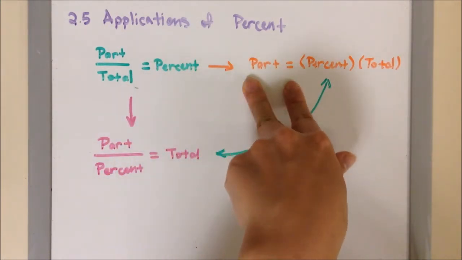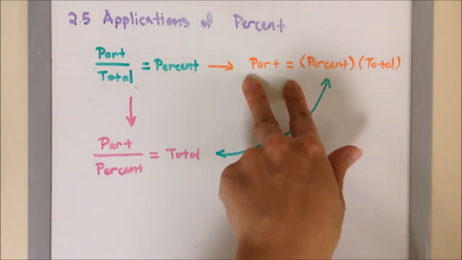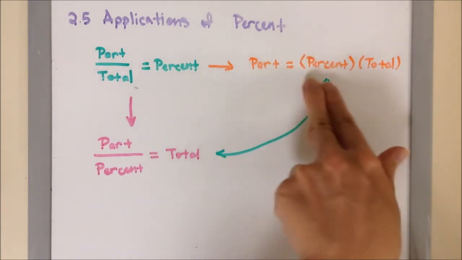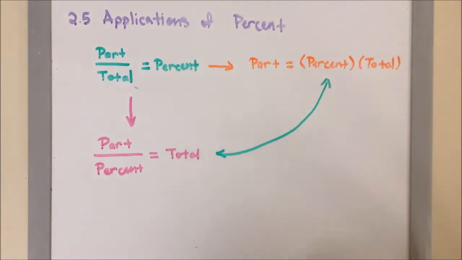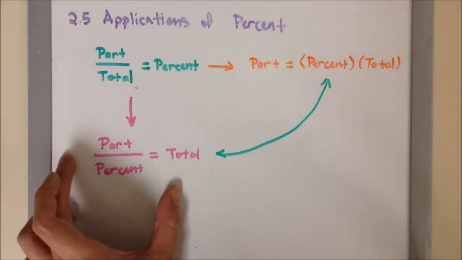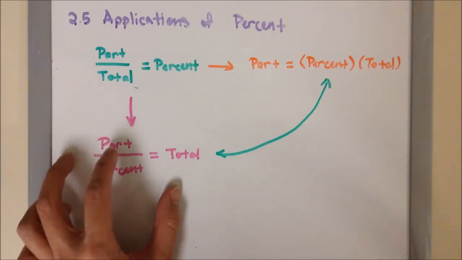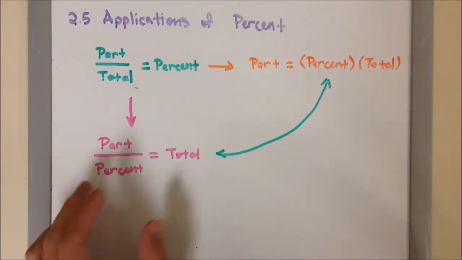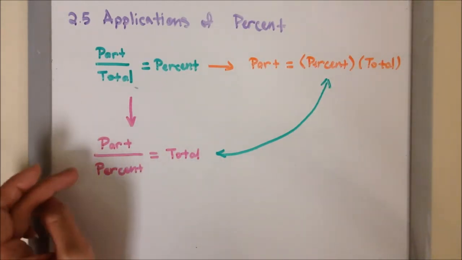Here, you might use this if you're looking for part. So it's going to be part equals percent times total. Here, you would use total if you were given part and percent in a word problem.